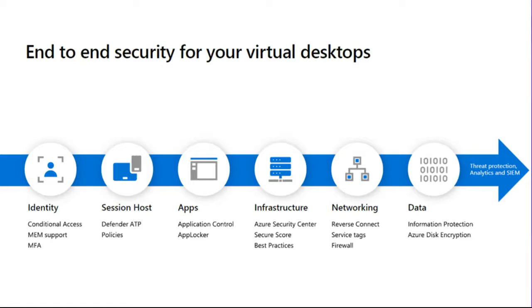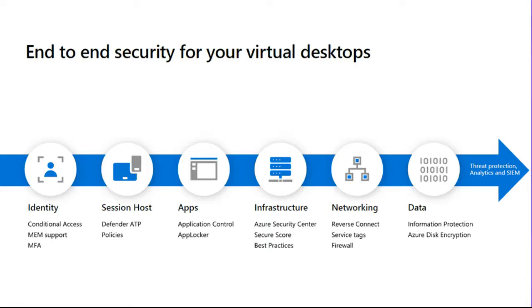At the infrastructure level between Azure Security Center and the Secure Score, you will get a scan of your complete subscription, and that will give you insights and feedback on how to stay secure based on the specifics of your deployment. Microsoft have also published a ton of best practices on how to secure your services on Azure, which you can follow to ensure you are getting the most out of your deployment.